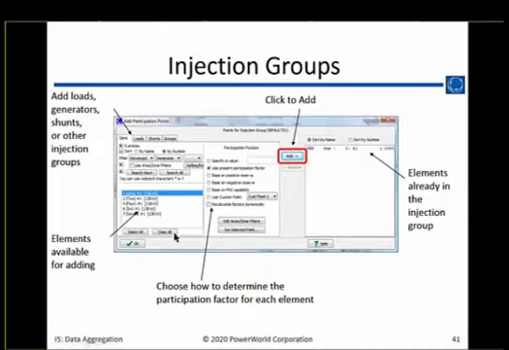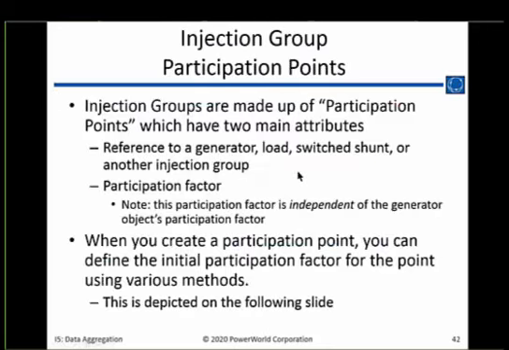This is an example in the 7-bus case where we're grabbing some generators. When we initialize the participation factor, that's just for setting the value at the time that we create the injection group.